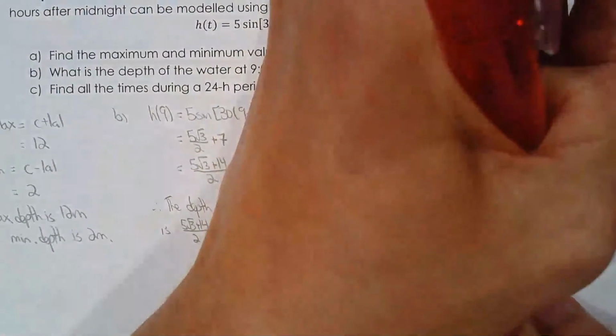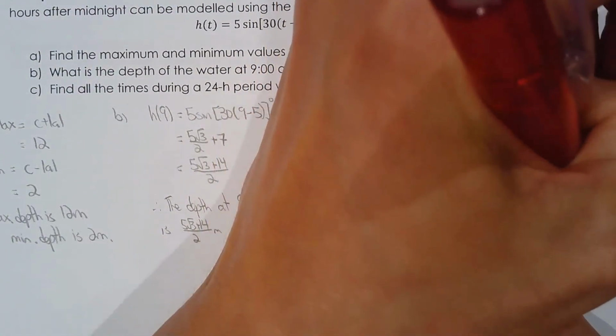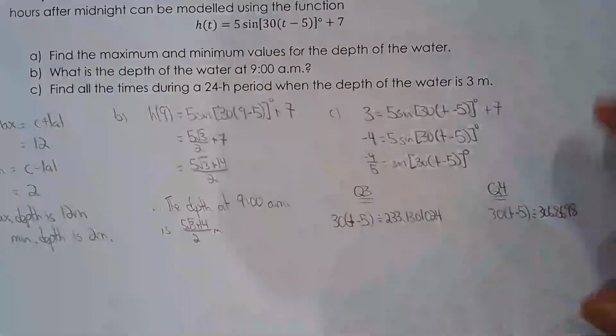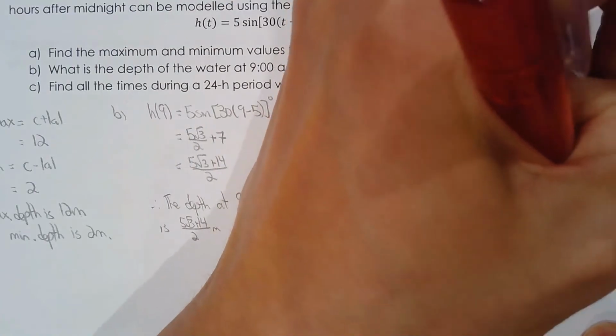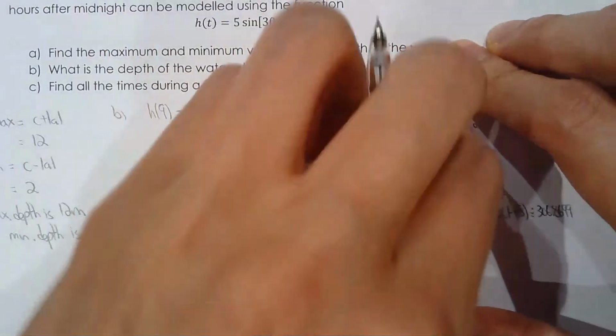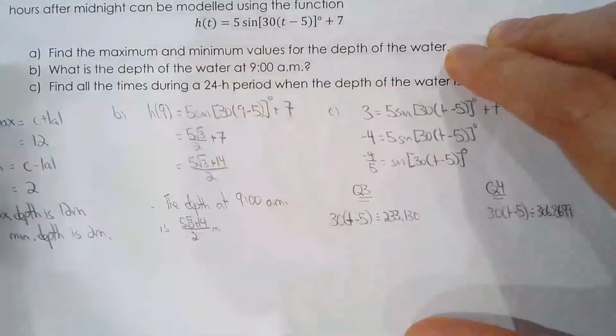Okay, all right. So I said there are infinite answers, but right now all I see is 2 answers. How come there are infinite answers? So yes, if I type in sine 233 degrees, approximately, I'll get a ratio of negative 0.8.